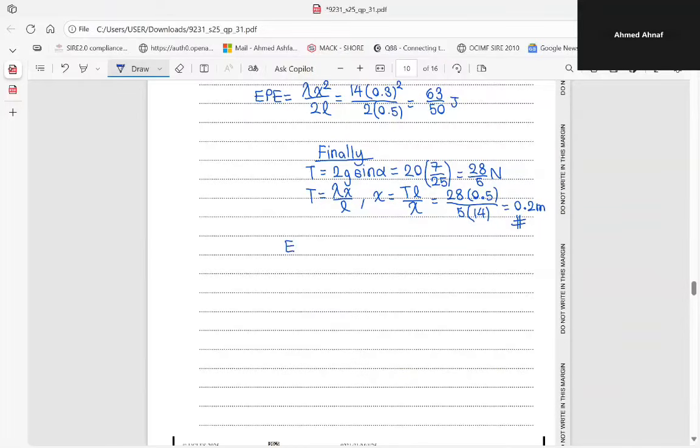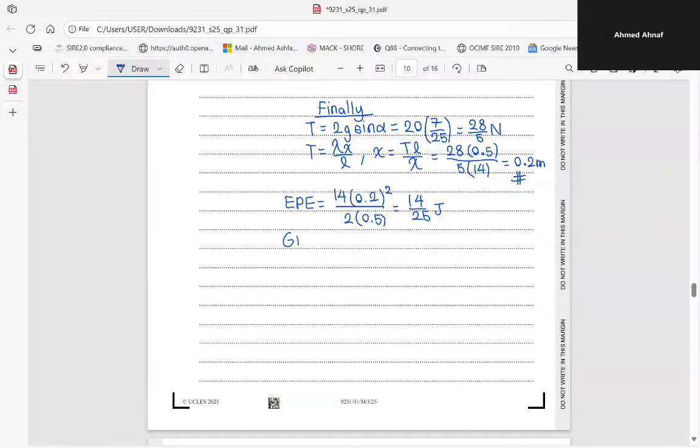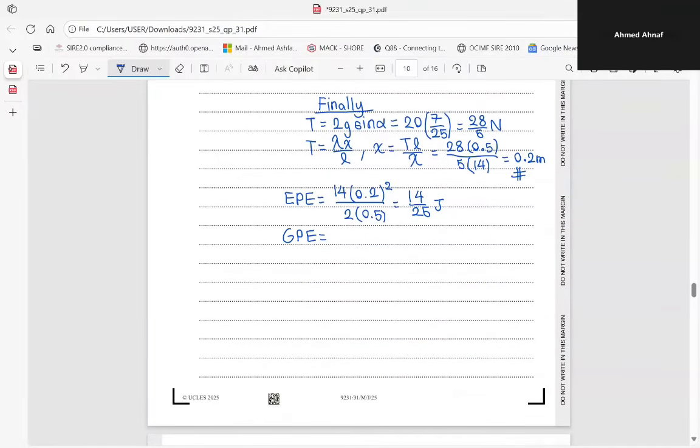All right, now we can find our GPE and EPE. So let's find the easy one first, EPE. So lambda is 14, and then x squared is 0.2 squared over 2L, which is 2 times 0.5. So this would just be 14 over 25 joules. All right, and now let's find our GPE. So here, since the GPE we're taking relative to A and it is below A, it's going to be negative.